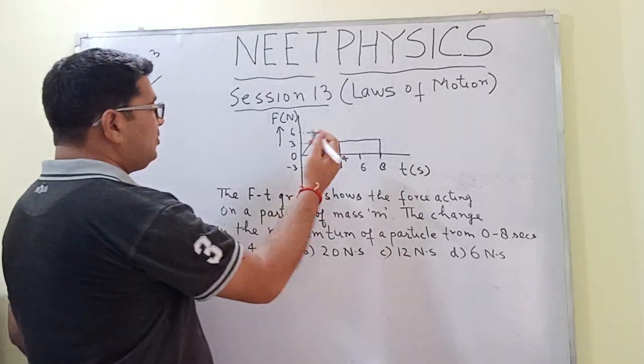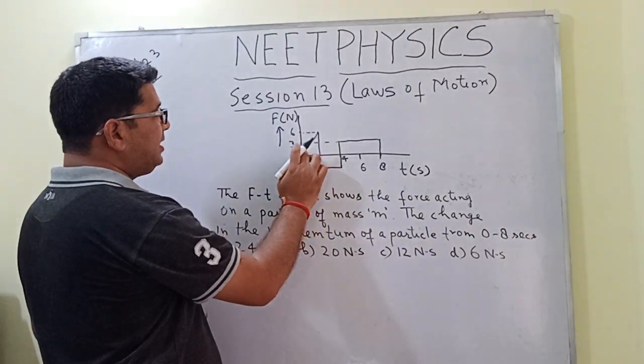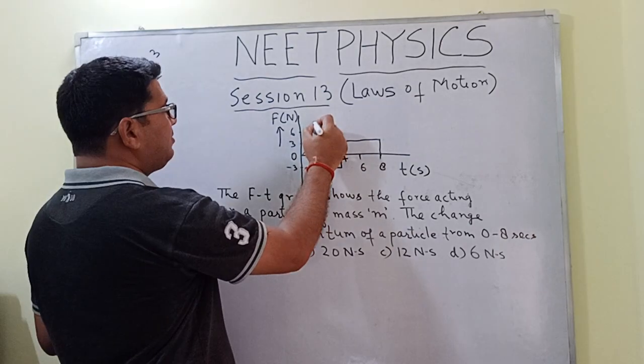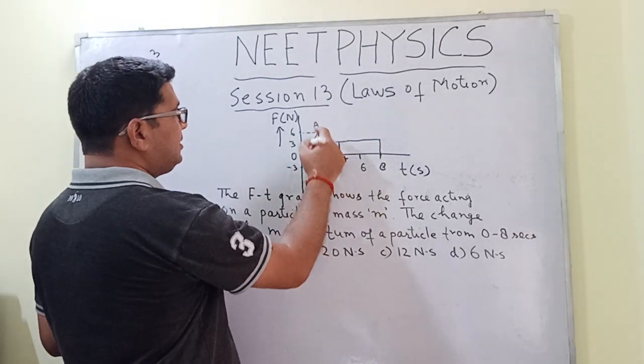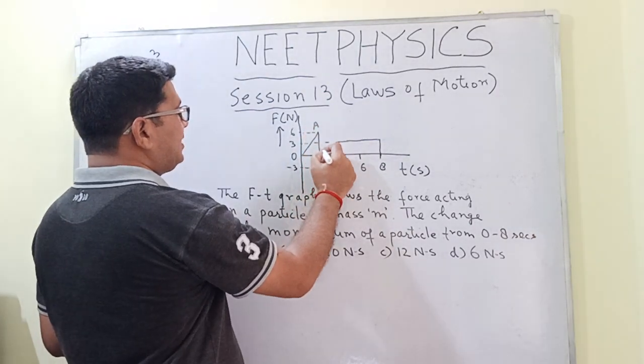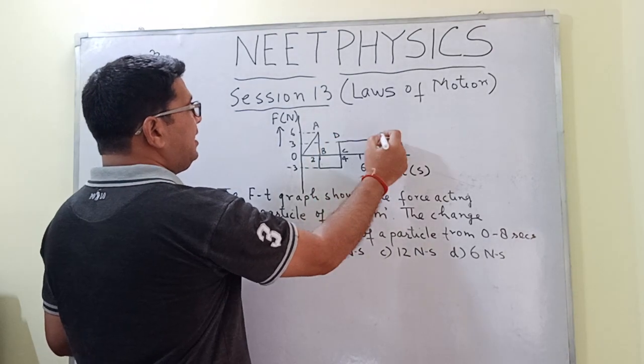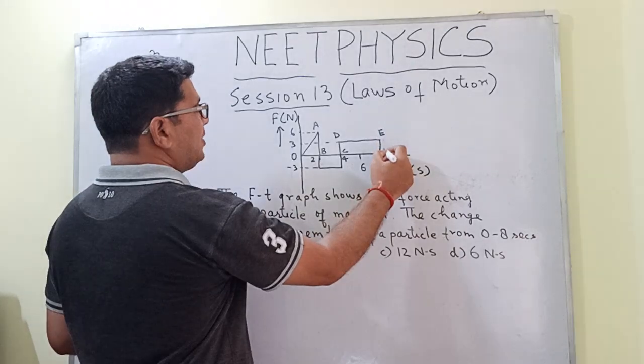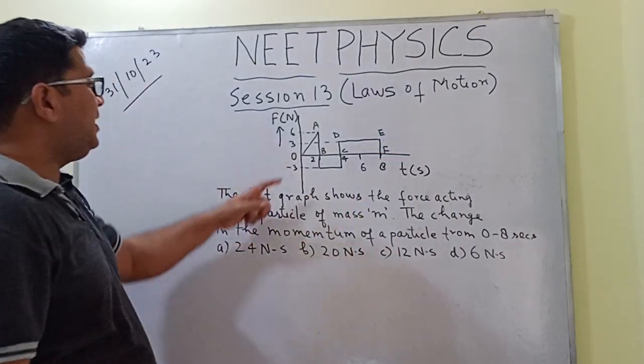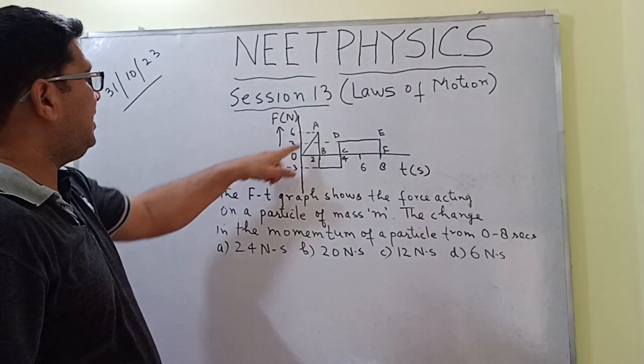So we can find this. Let us say I am just denoting it by the points: this is the point A, this is the point B, this is the point C, this is the point D, this is E and this is F. Now we have to find the area of this triangle, that is AOB.